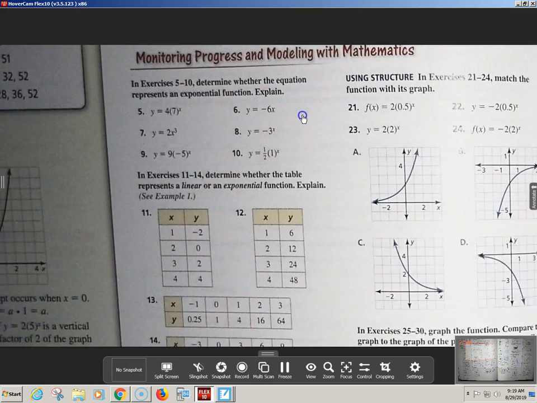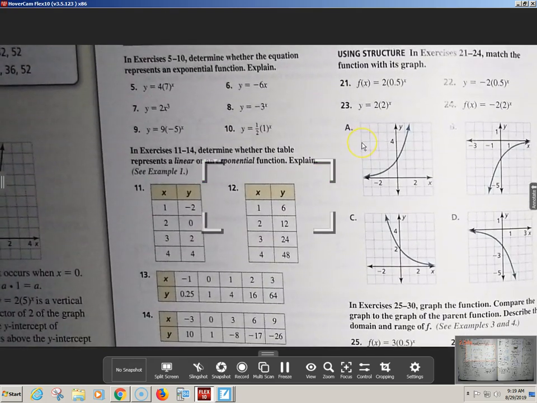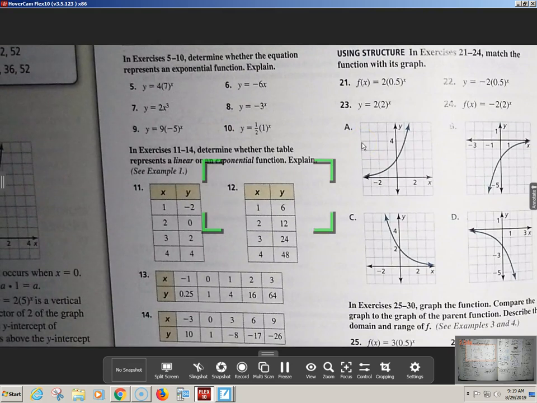But let's look down here at the rest of your homework, numbers 5 through 14. Can we read the directions and make sure they make sense to you? The first section says, determine whether the equation represents an exponential function or not. Where should you look in your notes to help you know how to identify whether it's a yes exponential or a no not exponential?